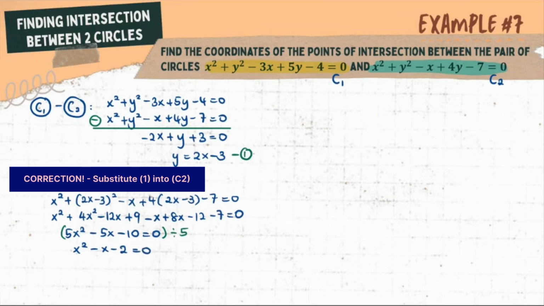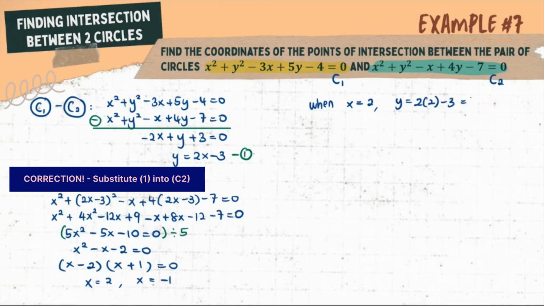So this can be factorized. Here 2, here 1, x and x. To get negative 2, so negative 2 plus 1 gives negative 1. Correct. So x equals 2 and x equals negative 1. And here we can find that when x equals 2, y equals 2 times 2 minus 3, we get 1.